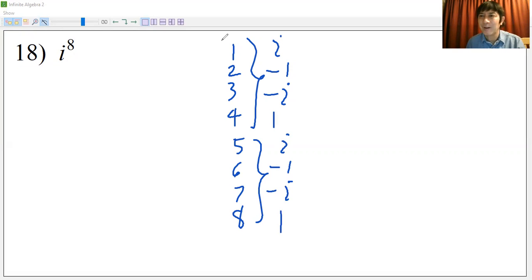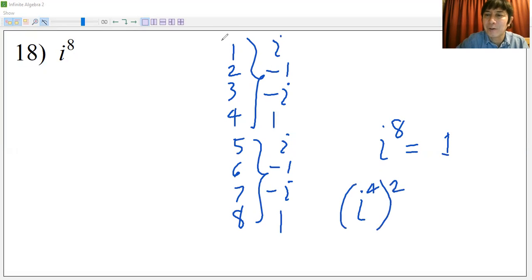So what do you think is I to the 8? I to the 8 is, of course, positive 1. You can very well show that: I to the 4th, squared, is I to the 8th.